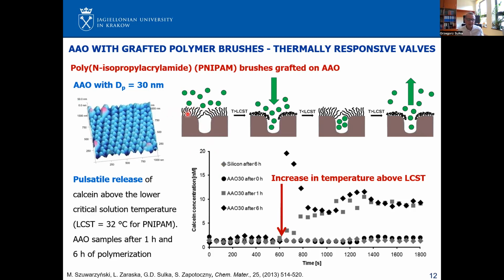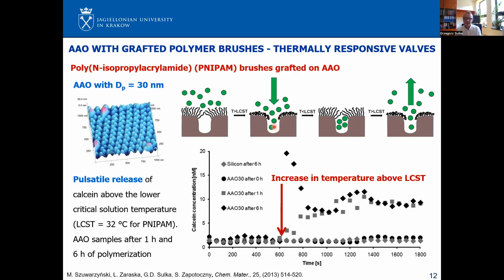The pore diameter in that aluminum oxide was something like 30 nanometers. We grafted PNIPAM polymer brushes on the top of that surface, and when we increase the temperature above the lower critical solution temperature for these polymer brushes, they shrink and open the pores.